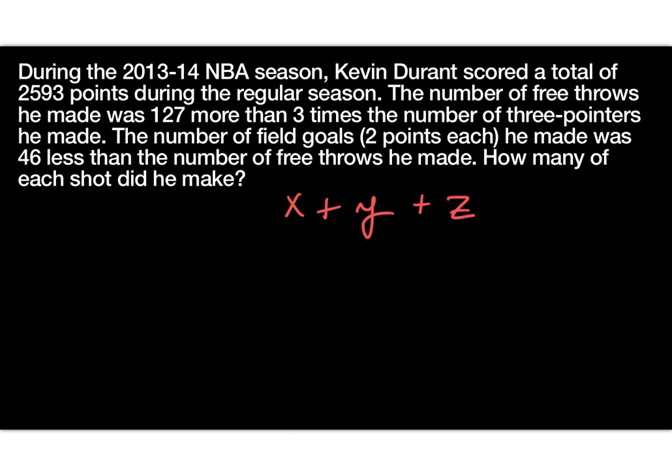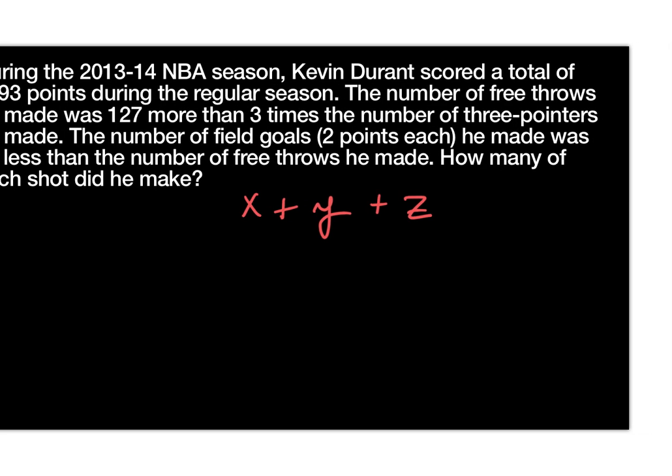And what do we know? We know that x plus 2y plus 3z equals 2593. And then it tells me other nuggets of information.